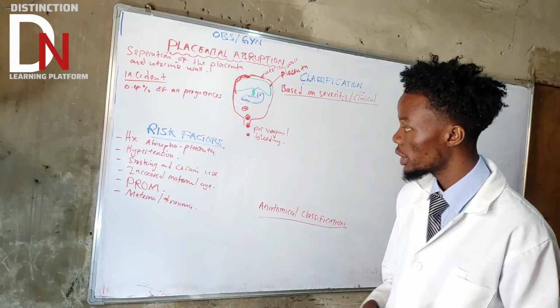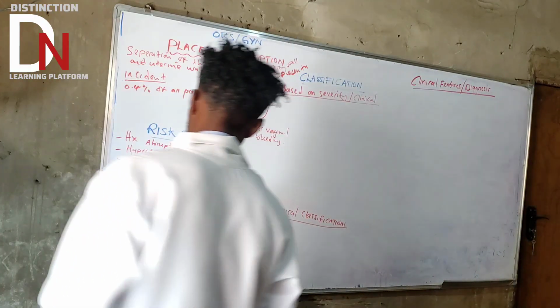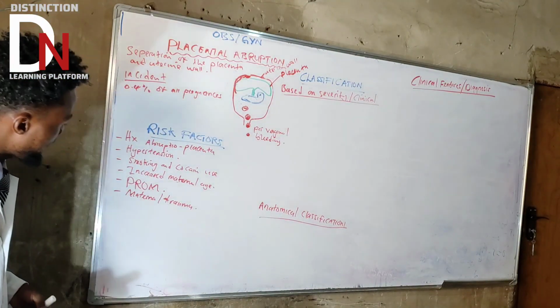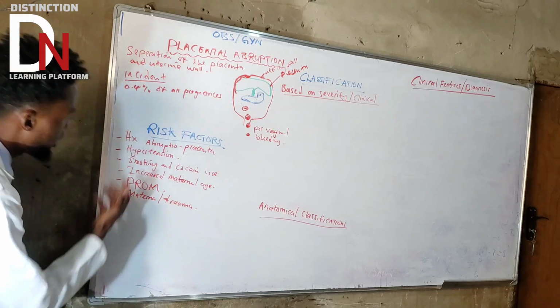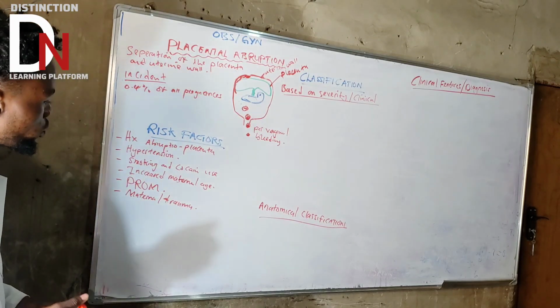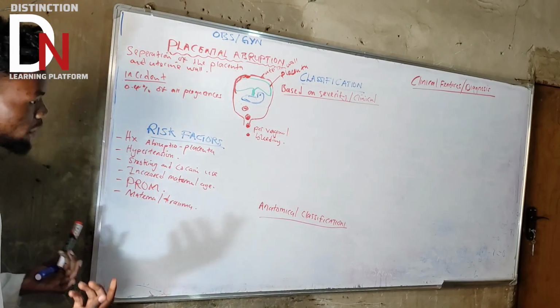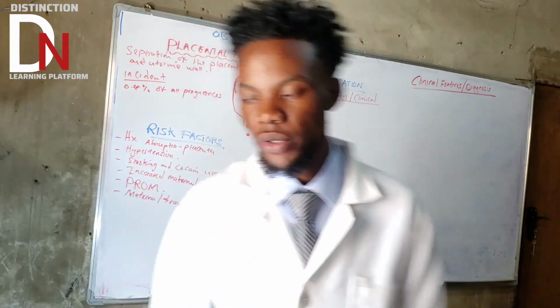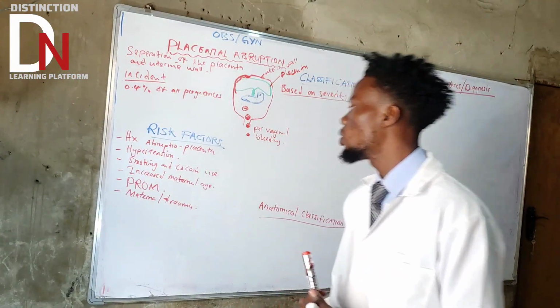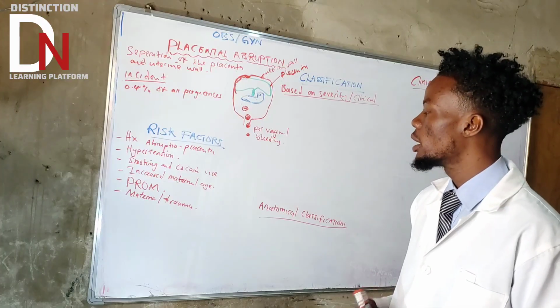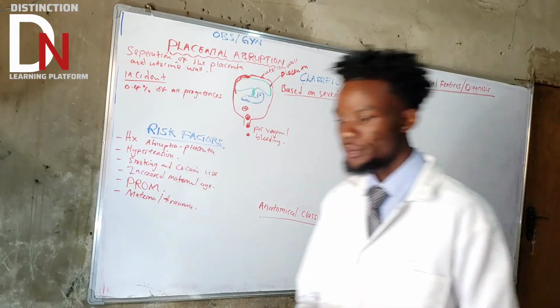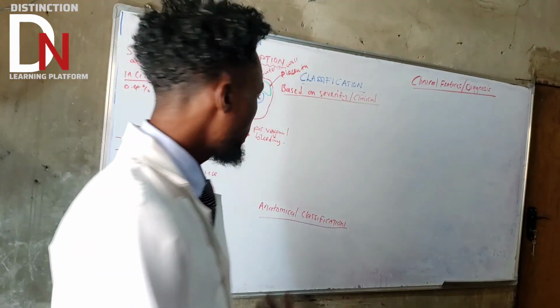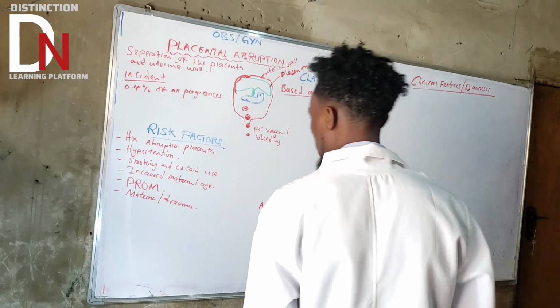Very important. These are the important risk factors that you need to understand. Again, polyhydramnios can also predispose someone to have abruptio placenta. There are a lot of causes.